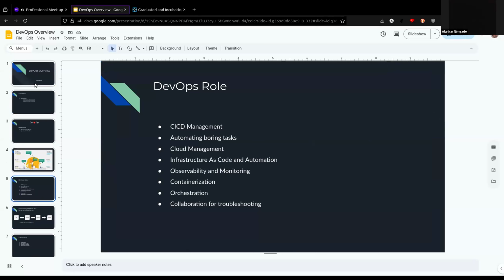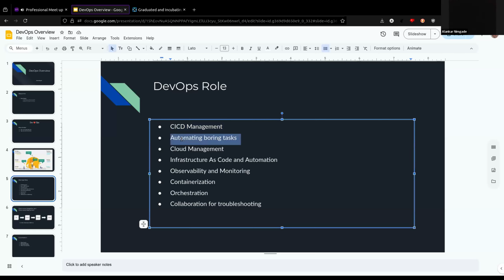Yes, if you start with CI/CD, this is really the simplest and most important thing. You start with CI/CD, you start with automation, and you start with cloud management. These three are really the basics. Once you start with these, you can gradually start learning other things. CI/CD and automation scripting.